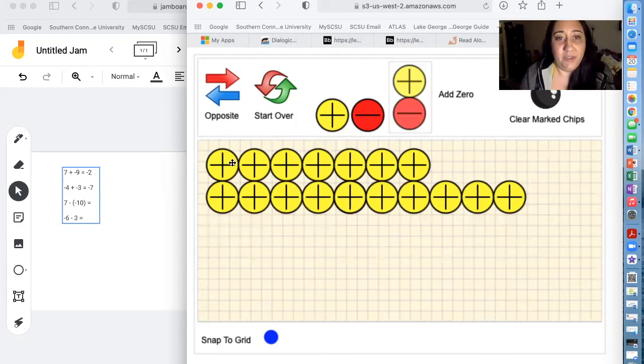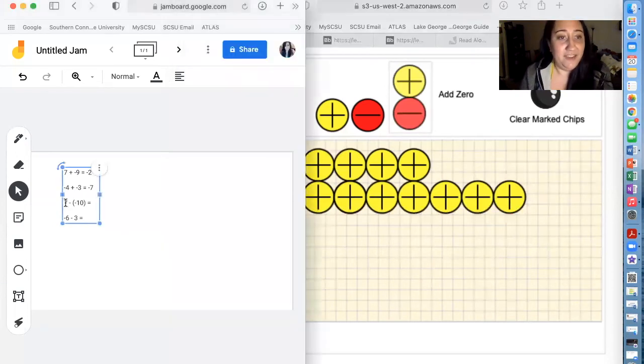That leaves me with 1, 2, 3, 4, 5, 6, 7, 8, 9, 10, 11, 12, 13, 14, 15, 16, 17 positive. So our 7 minus our negative 10 equals a positive 17. That was a lot, but I think we got it. Let's do one more just to make sure.